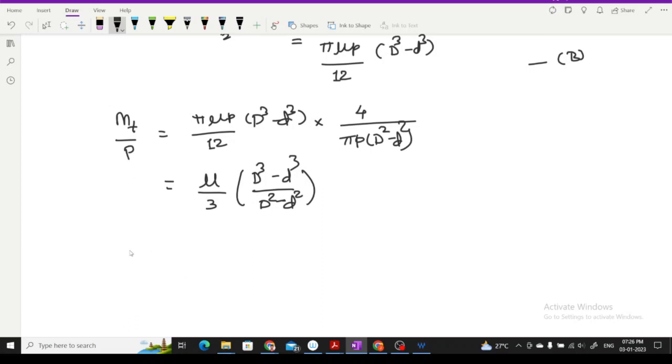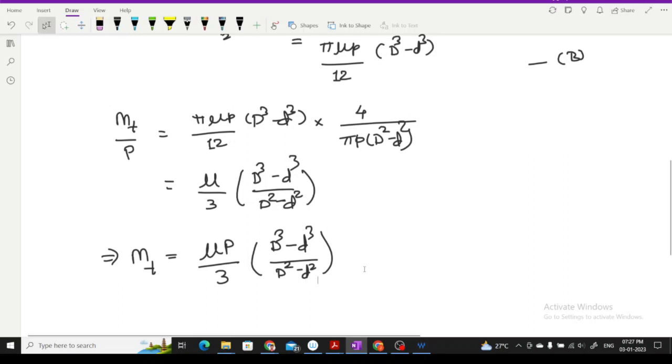So this particular MT can now be represented in terms of axial force as mu P by 3, (D cube minus d cube) over (D square minus d square). Right, so this is how you have the frictional torque and axial force in case of uniform pressure theory. This P is axial force, right? Don't confuse it with pressure.